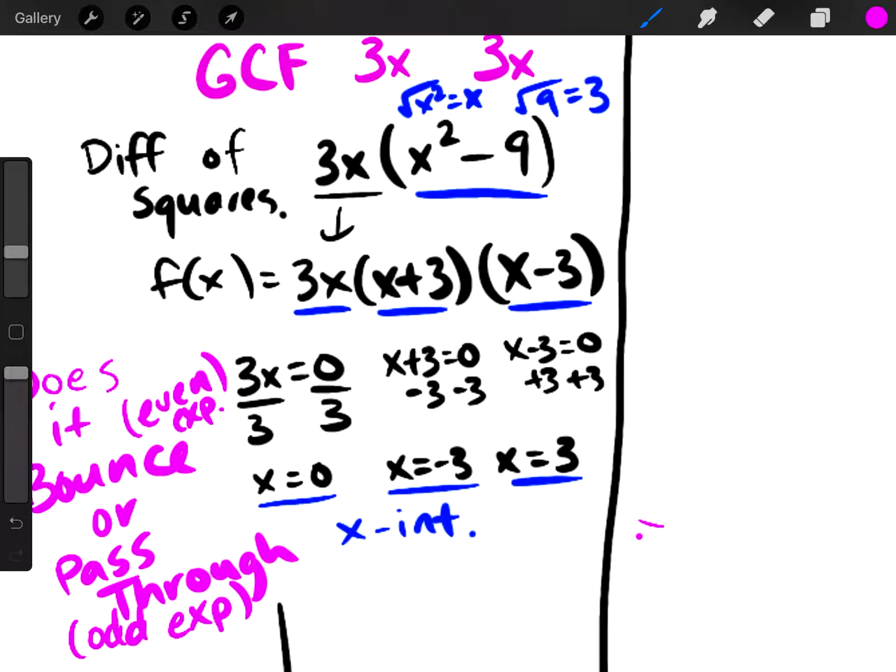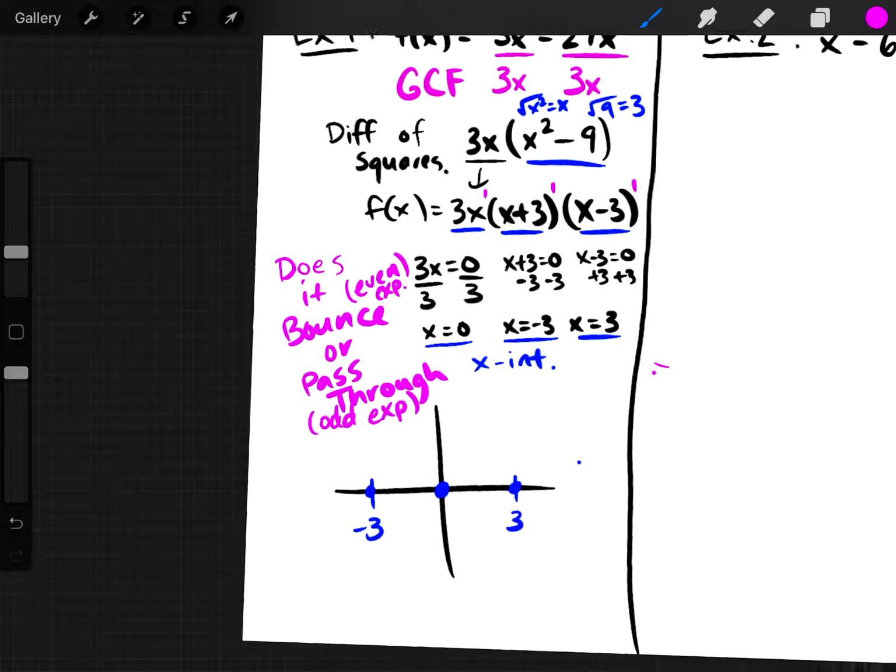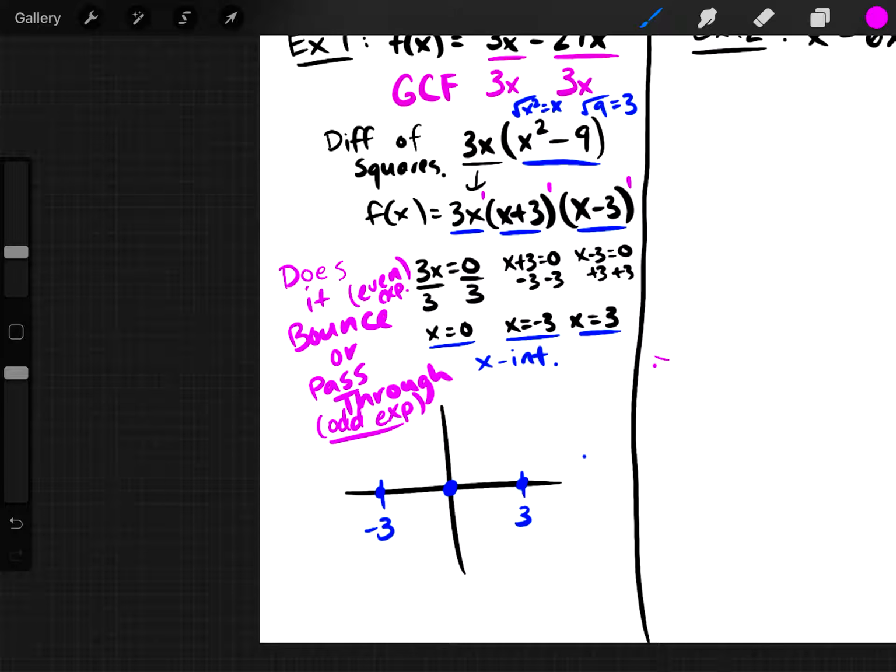So we look at these three. Yes, those are threes. That's not the even or odd I'm talking about. I'm talking about this one here, or this one on those two factors. They all have an odd exponent, meaning that for 0, -3, and 3, they will all pass through.